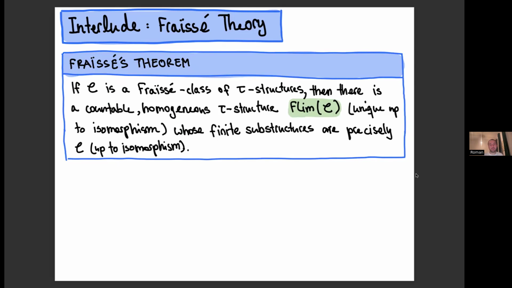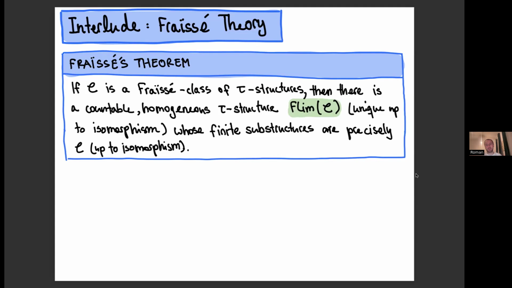And well, the property which the Fraïssé limit has to satisfy is that the finite substructures of this Fraïssé limit are precisely, up to isomorphism again, the elements of curly C.